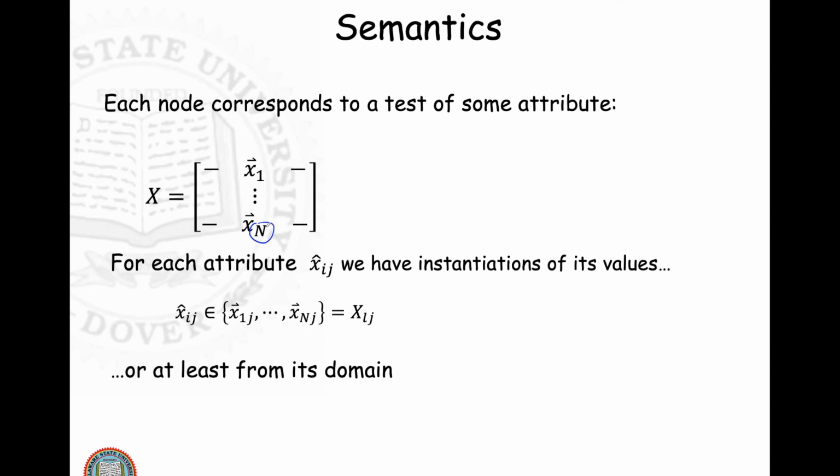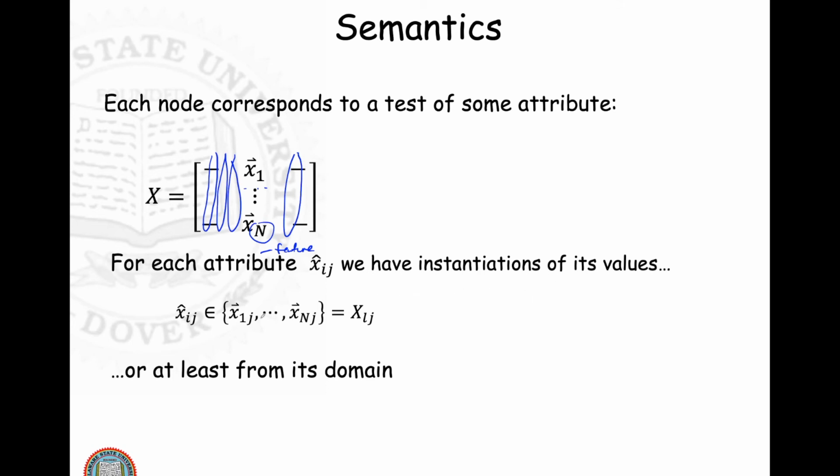And so each attribute in this design matrix is going to be a single column. We're going to have the first feature, the second feature, the third feature, up to and including the d-th feature for d-dimensional representation. You can use feature as a synonym for attribute. For each attribute or feature or variable, you're going to have an instantiation of its values.